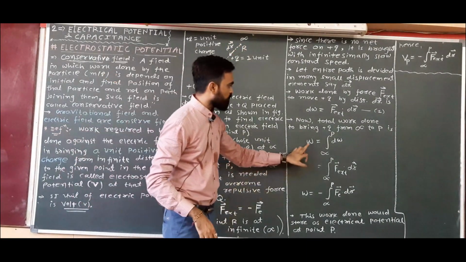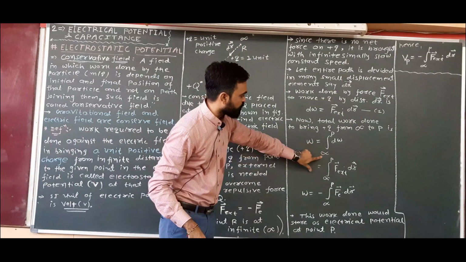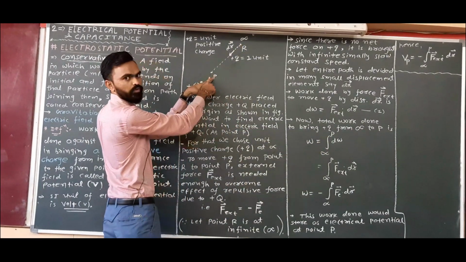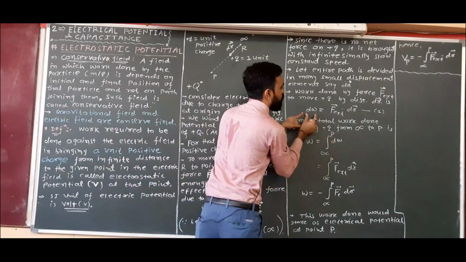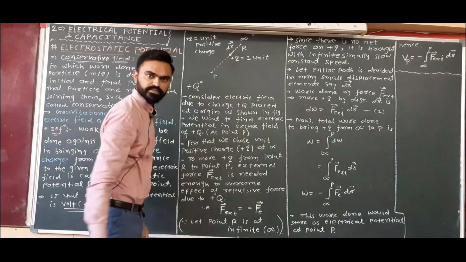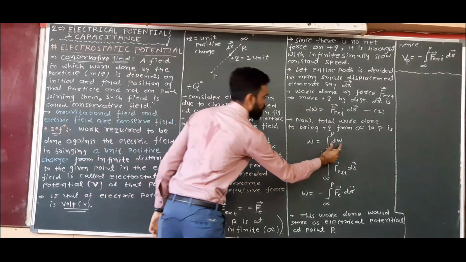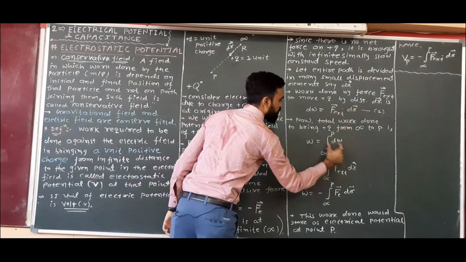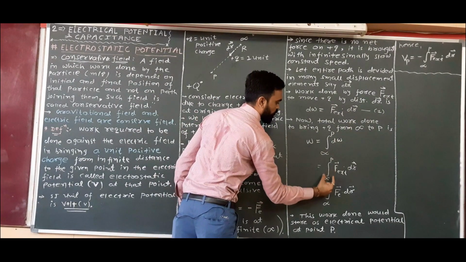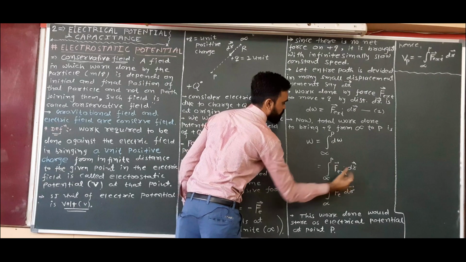So total work done W is equal to the integration from infinity to point P of the small work done in the small displacements. Got it? Okay. So use this value of dW over here. We get W is equal to the integration from infinity to P of F external into dr.